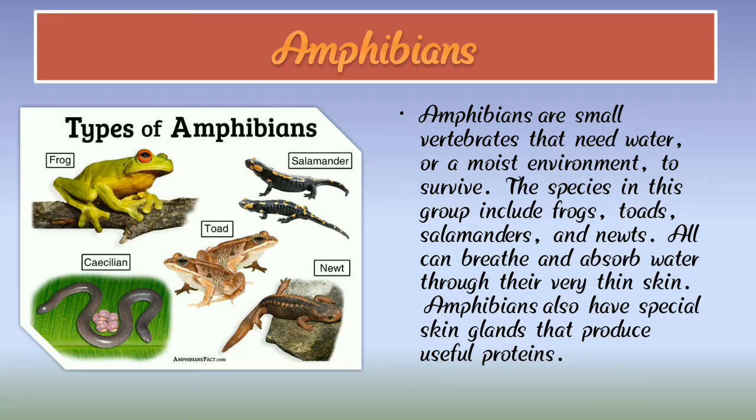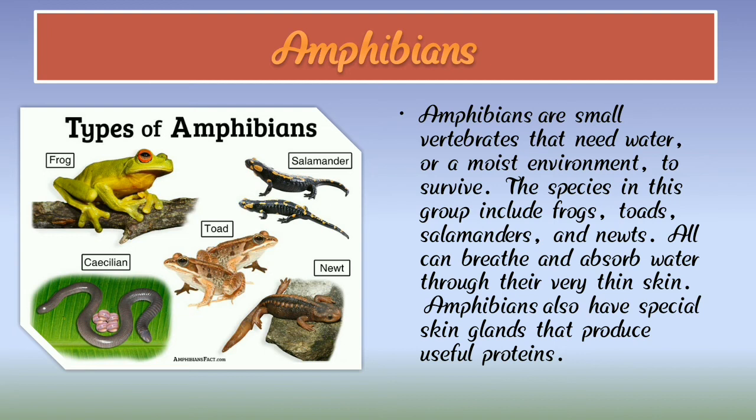So now next, amphibians. So here we can see types of amphibians. These are a frog, salamander, toad, newt, and the caecilian. So these all are amphibians. Amphibians are small vertebrates that need water or a moist environment to survive.